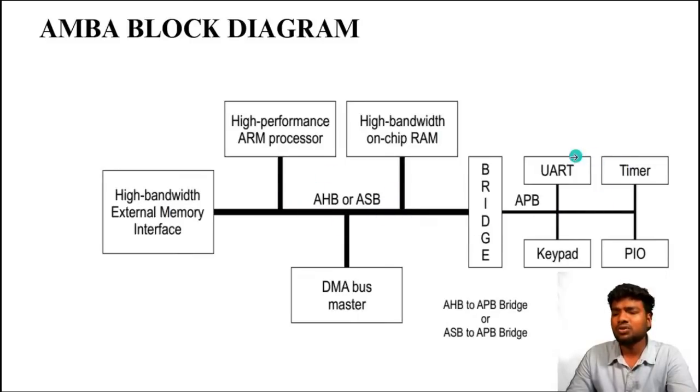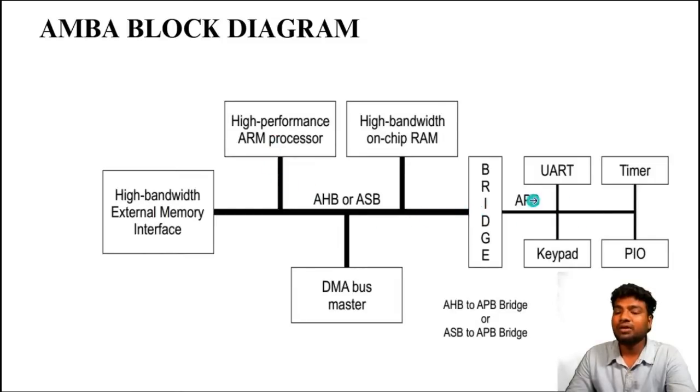And you can also see here UART, keyboard, and timer. All these peripherals are connected with the APB protocol. So if this is my ARM processor, and I want to perform something with UART, keyboard, or timer, how will it work? The ARM processor and bridge communicate at high speed.